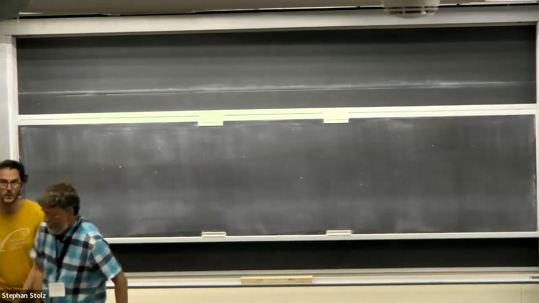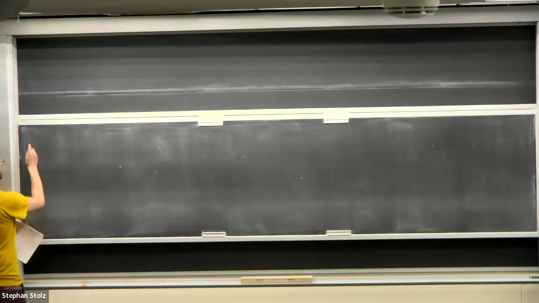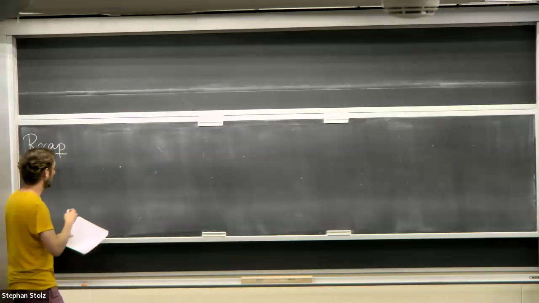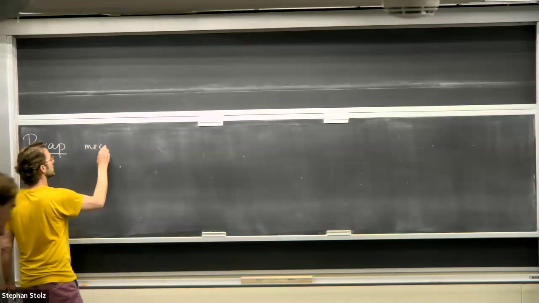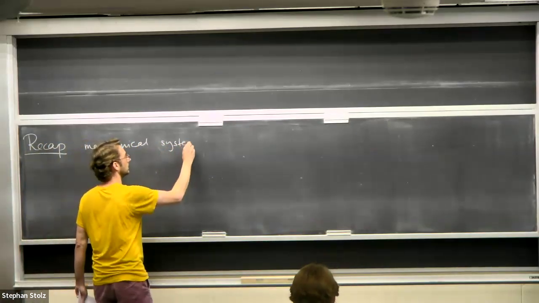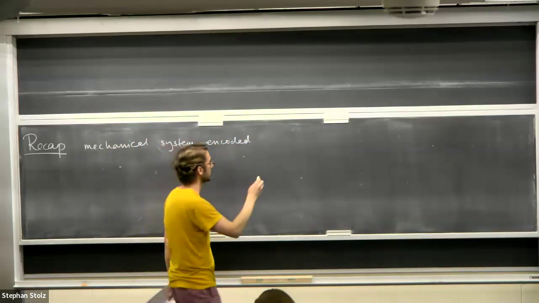Thank you. Okay, so let me recap the highlights of what we did last time. We had some mechanical system, which I asserted should be encoded by a Poisson map.